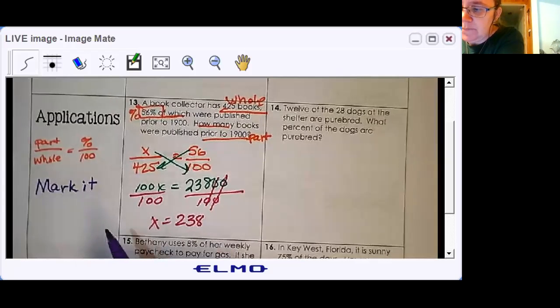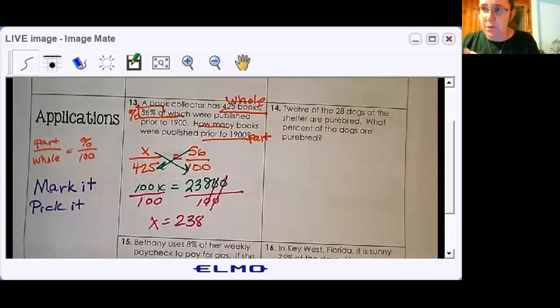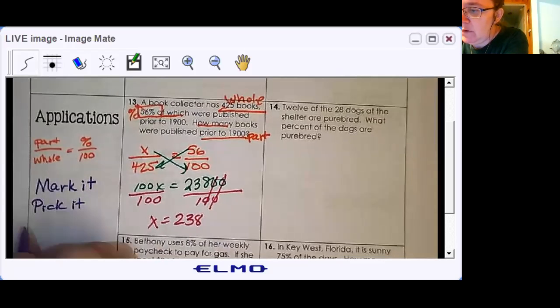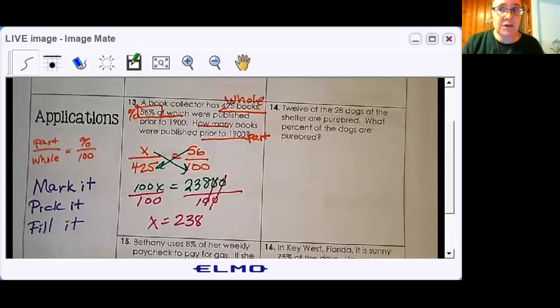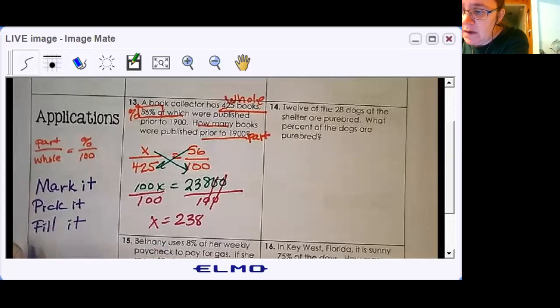Then we pick it. We pick the formula or the property or the equation or whatever it is we're going to use to solve it. Then we fill it, which means we fill in the information we found when we marked our problem into the formula that we've picked, and then we solve it.